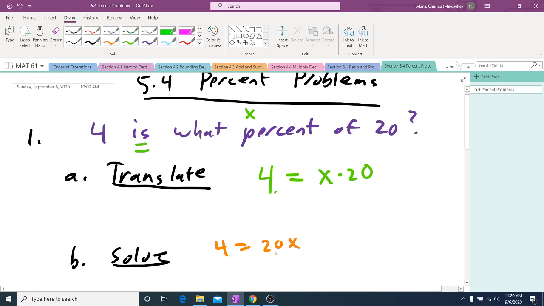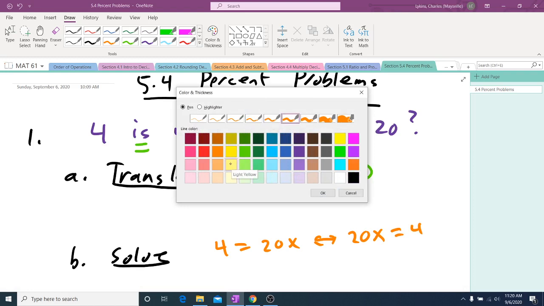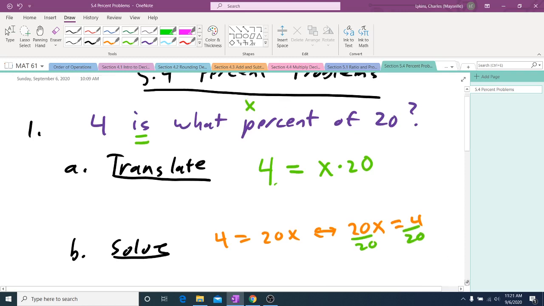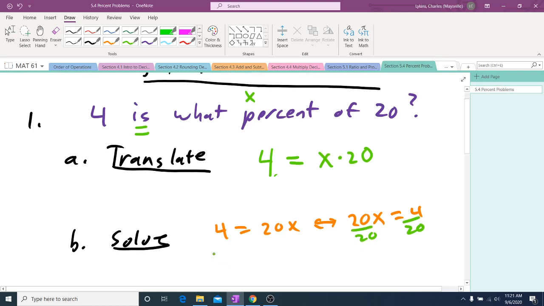I like to have the 20 and the X on the left and 4 on the right, because we read our variables from left to right just like we read anything in English. So then that's 20 times X. We do the opposite, divide. So I've got 4 over 20.